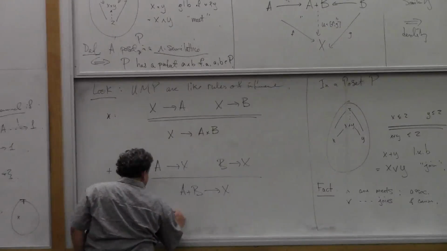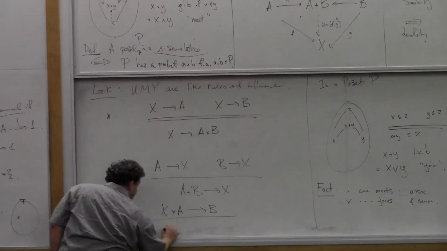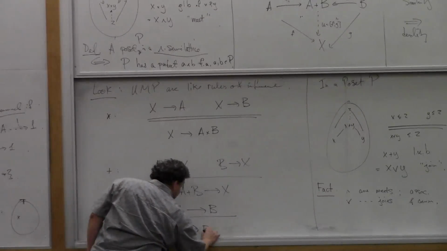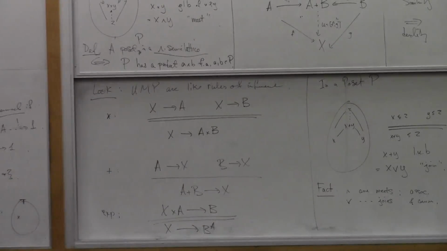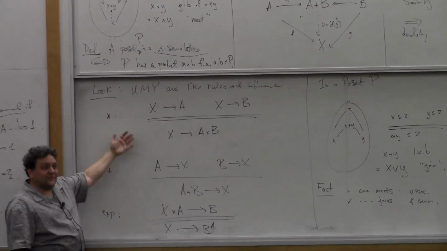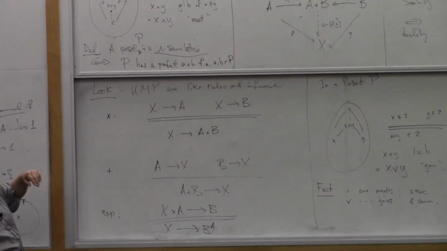Given any X cross A into B, you get X into B to the A and back. Okay? And the recipe for getting back and forth is just this one that I've written down. So another way of stating universal mapping properties is in terms of bijections between maps of different shapes. So it's starting to look like rules of inference for a deductive calculus. And in fact, if I have time, I hope to make that more precise.